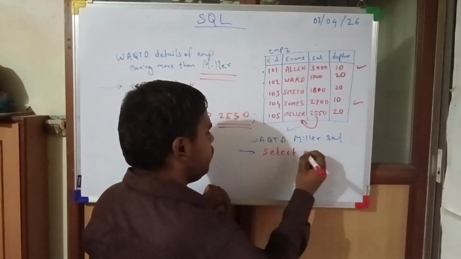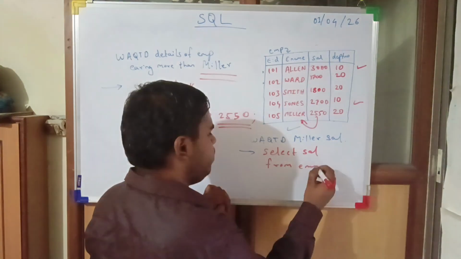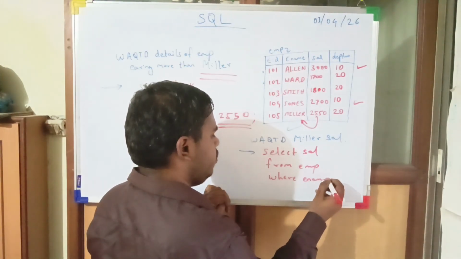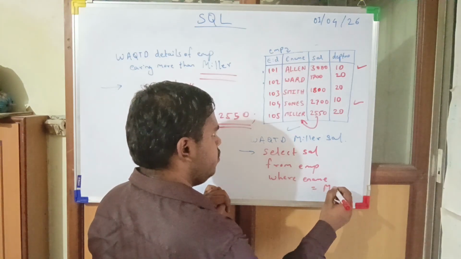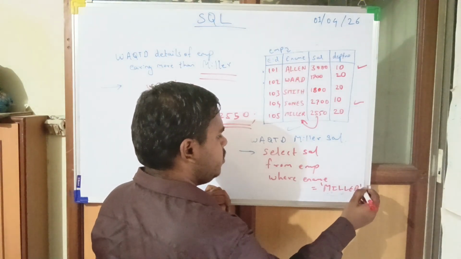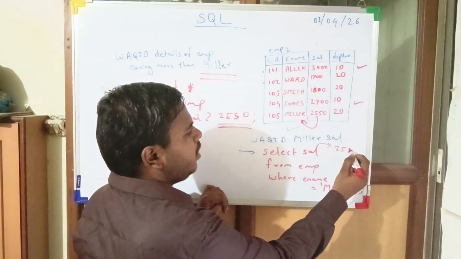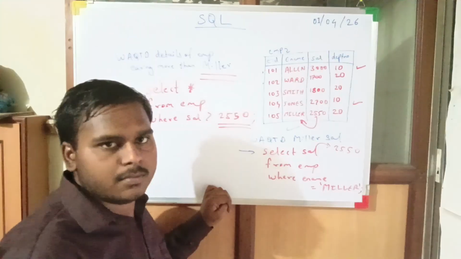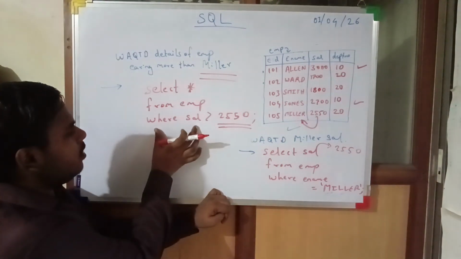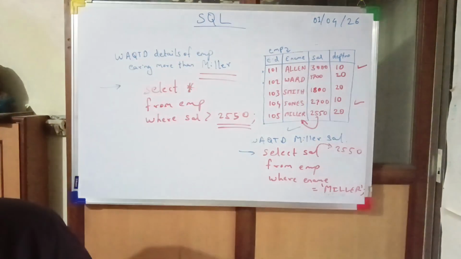Select sal from EMP where ename equal to Miller. This is how we will write the query. We will get the salary of Miller. What is the output? 2550. Now we need to combine this query and the previous query to get the output. How, sir?